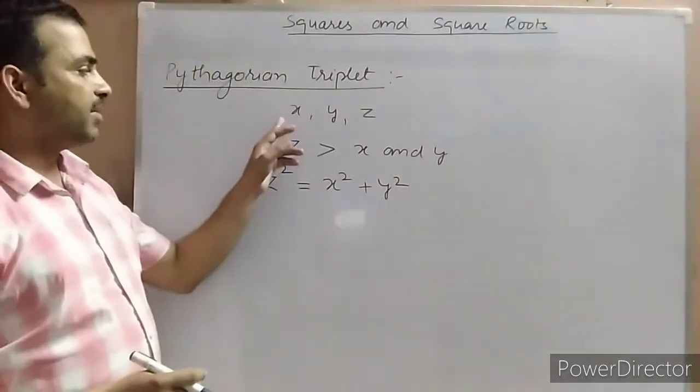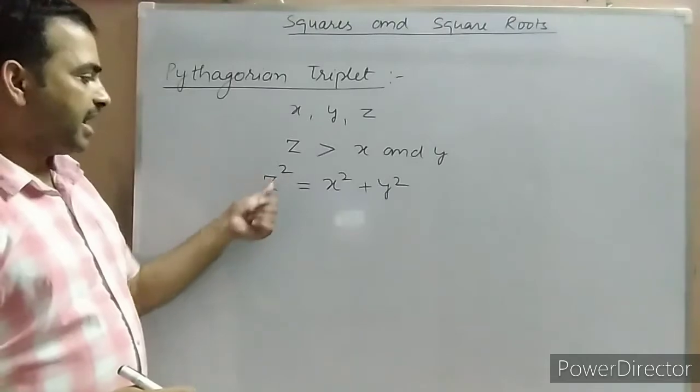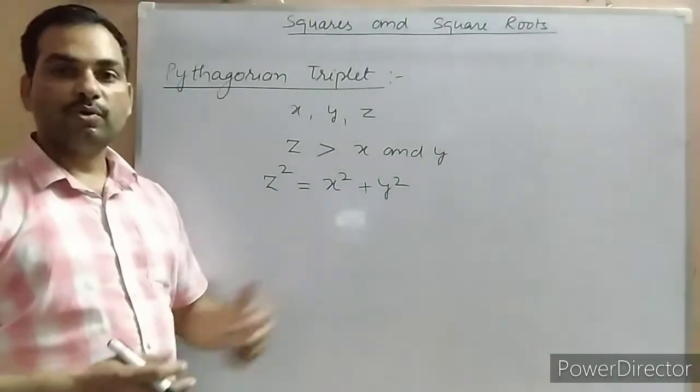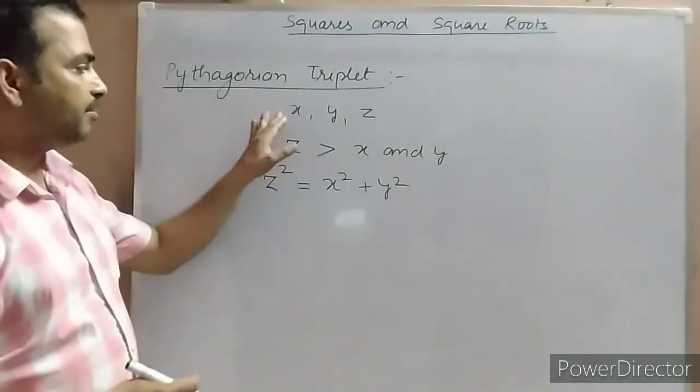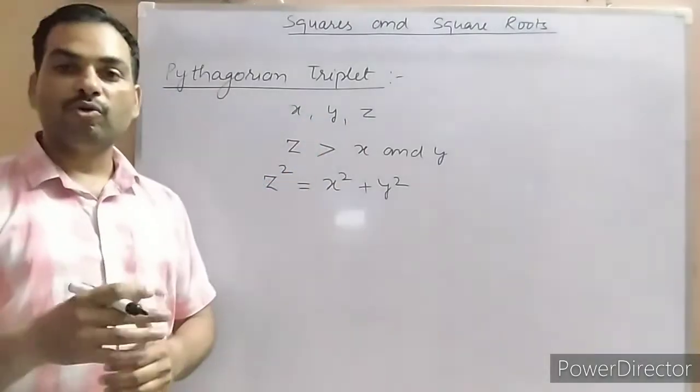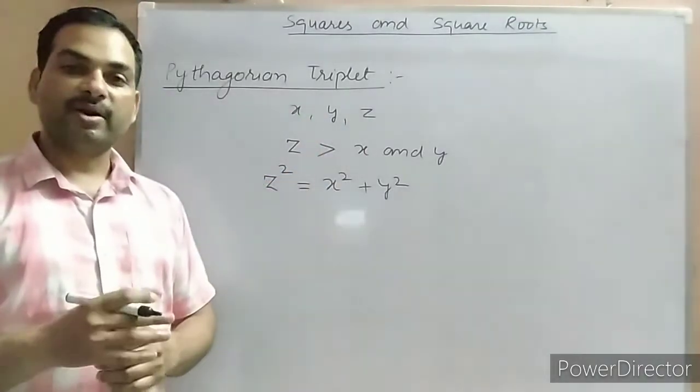If we get three numbers like this, z squared equal to x squared plus y squared, then the numbers x, y, z are known as Pythagorean triplets.